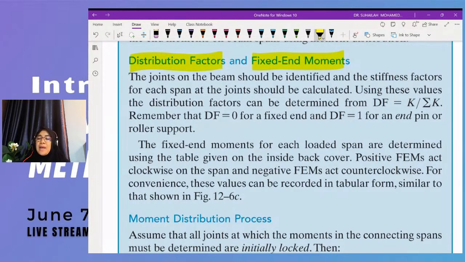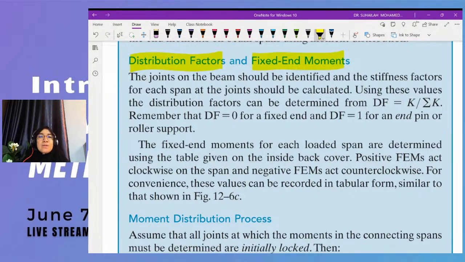And the fixed end moment is the first moment in the table. The fixed end moment is the first member end moment. Fixed end moment is not joint moment. It is the first member end moment in the table.